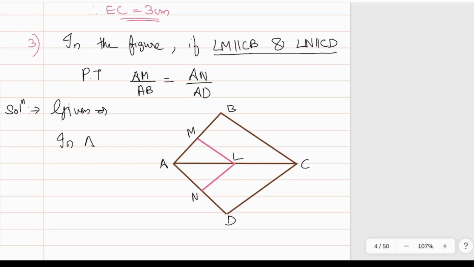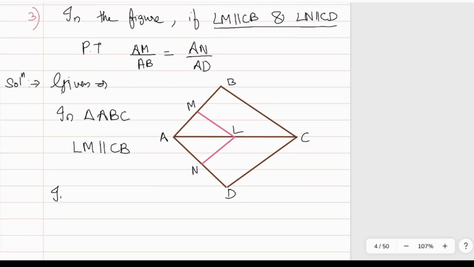Given in triangle ABC, if I am taking just the triangle ABC, you can see LM is parallel to CB. Then in triangle ADC, what is given? In the triangle ADC, LN is parallel to CD, right?